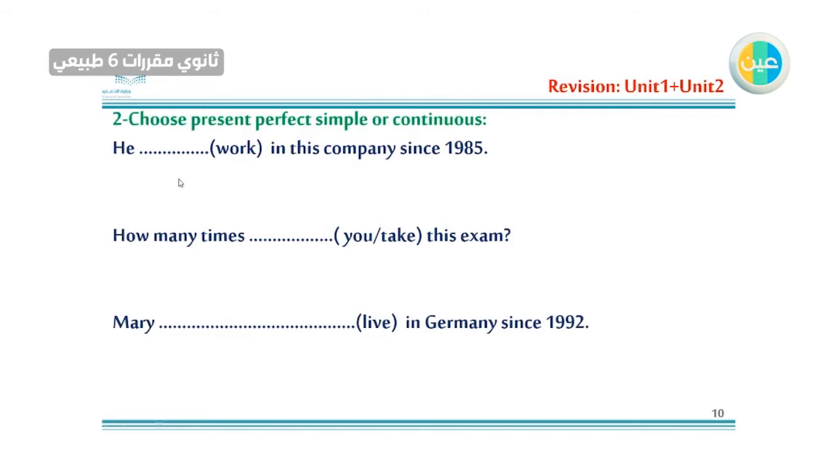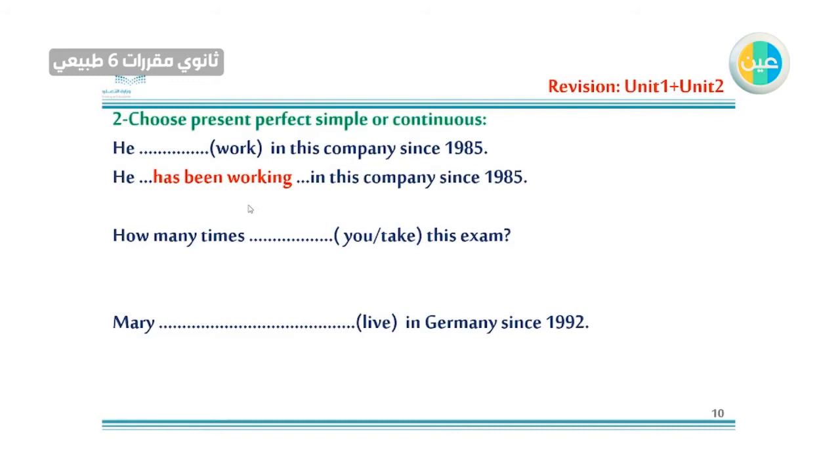Okay, here, are we talking about the result, the work, or the duration since 1985? Yes, we are talking about the duration. Excellent. So we will go with the present perfect continuous. He, the subject, has, then been, then verb with ing. He has been working.